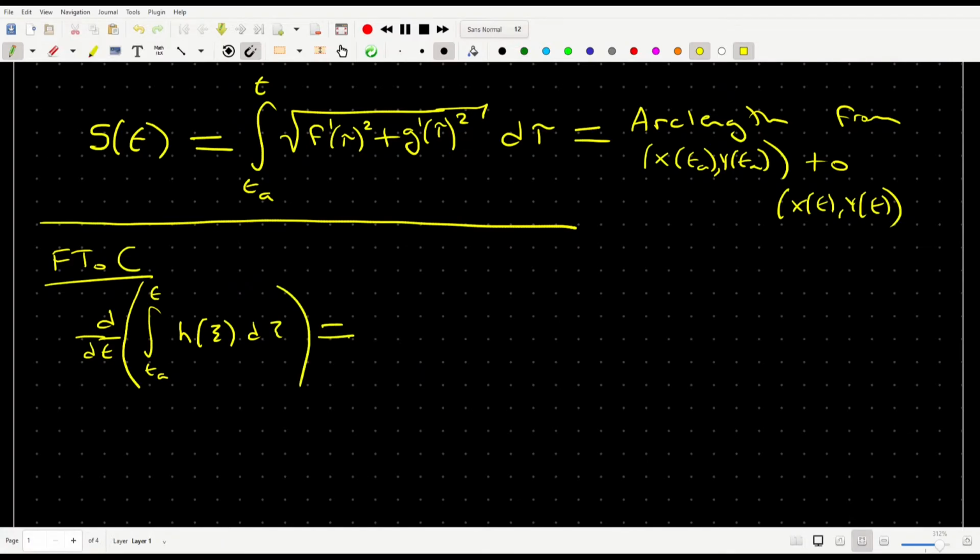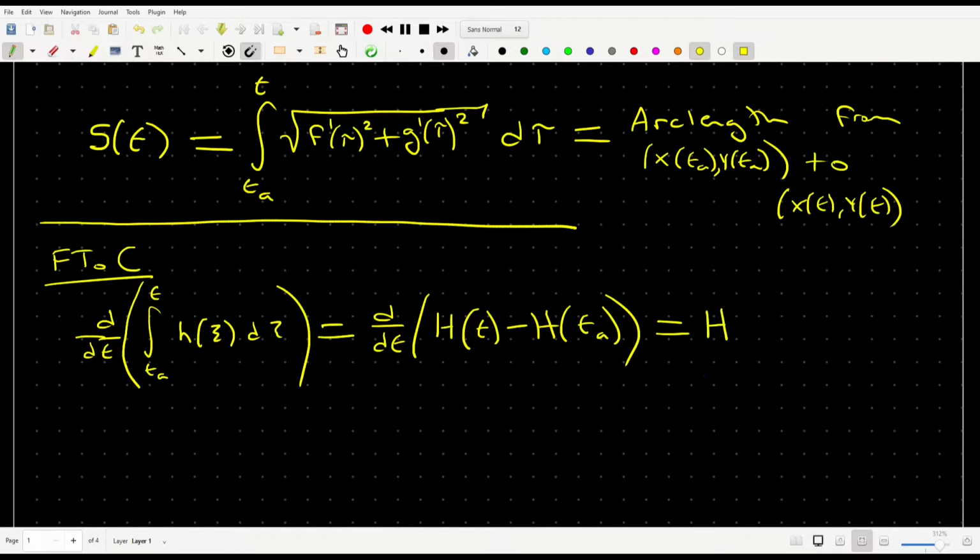Well, from the first form of the fundamental theorem of calculus, this is going to be the same thing as the t derivative of the antiderivative of h at the upper bound minus the antiderivative at the lower bound. And then from the second form of the fundamental theorem of calculus, we're going to have that, right?